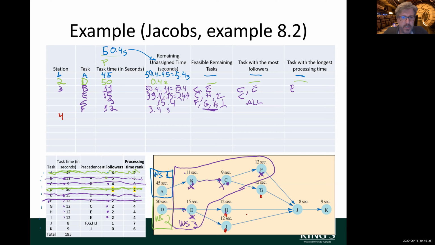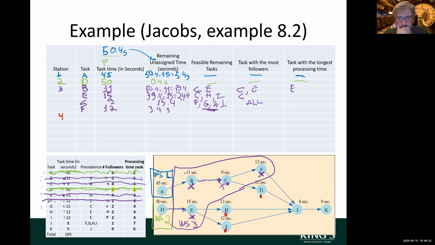So how do I proceed? Well, let's look at the one with the most number of followers. G, H, I. They have 2 followers, and they all have similar processing times, right?